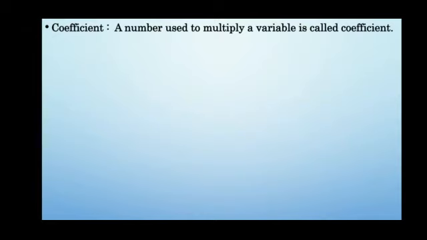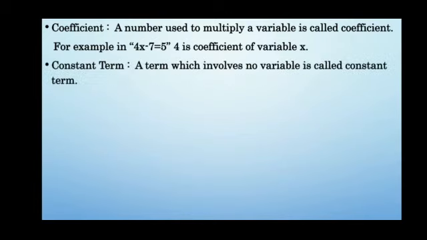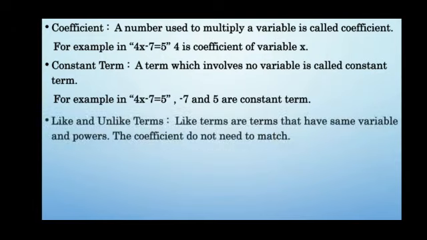A number used to multiply a variable is called a coefficient. For example, in 4x minus 7 is equal to 5, 4 is the coefficient of variable x. Constant term. A term which involves no variable is called a constant term. For example, in 4x minus 7 is equal to 5, minus 7 and 5 are constant terms.